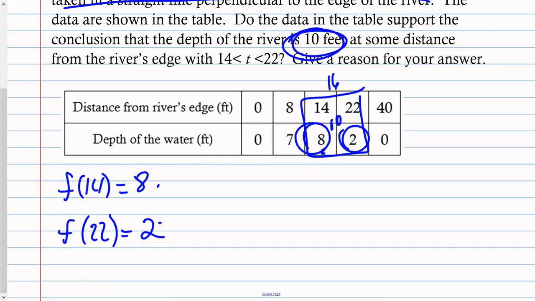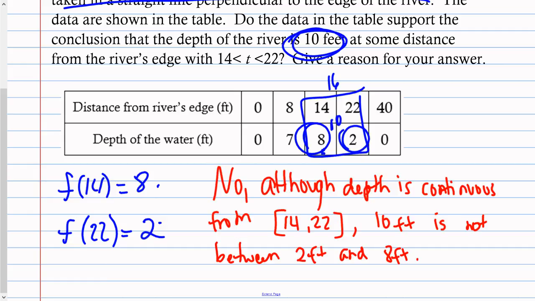Okay, so I'm going to write down the answer. All right, there's my answer. No. Although depth is continuous from 14 to 22, or sorry, I meant to say distance. Well, depth too. Although this function is continuous, 10 feet is not between 2 feet and 8 feet.